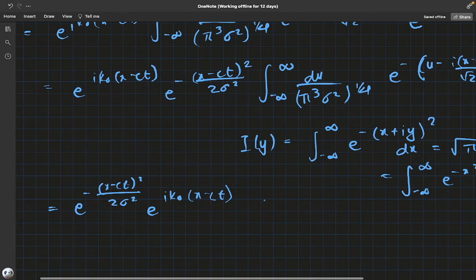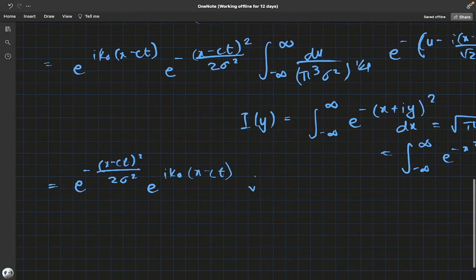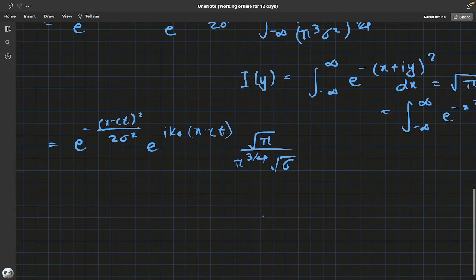Completely simplify this to be square root of pi divided by pi to the 3/4 root sigma. So the wave packet is just, finally, let me just write the algebra again.